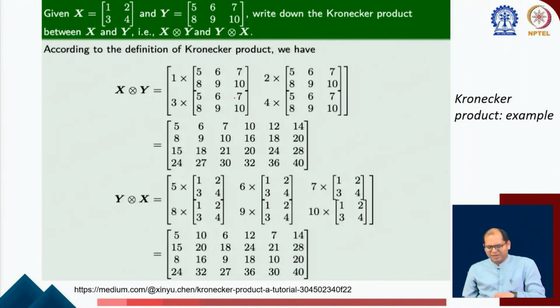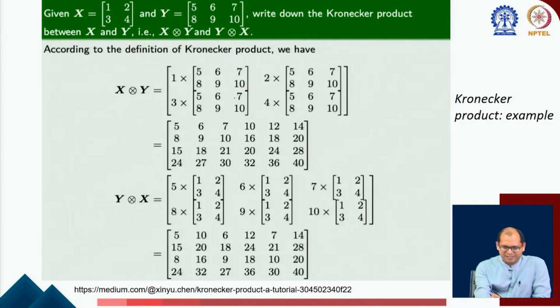Now, this is one example of how you do Kronecker products. Let's say you have two matrices, X as 1, 2, 3, 4 and Y as 5, 6, 7, 8, 9, 10, and you want to compute X Kronecker product with Y. You take one element of X, 1, and multiply with the whole Y matrix. Next 2 with the whole Y matrix, 3 with the whole Y matrix, 4 with the whole Y matrix.